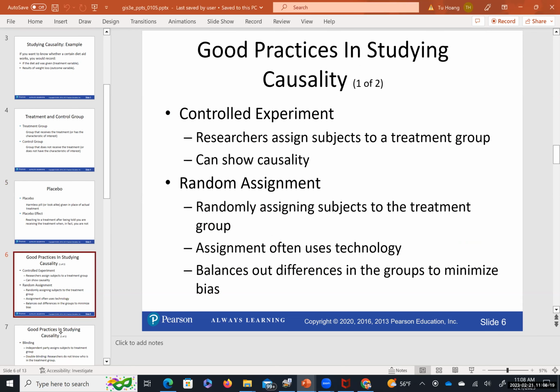We'll talk about good practice in studying causality. So we have the controlled experiment.